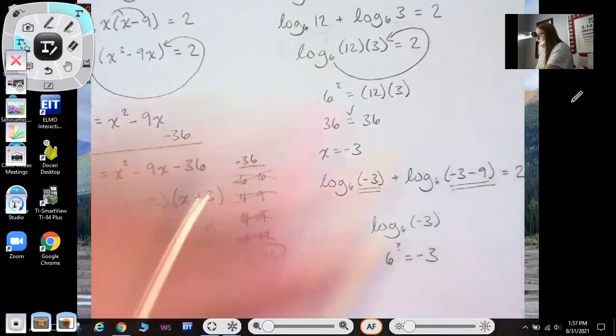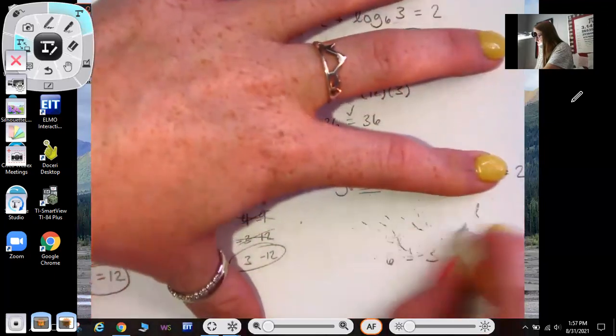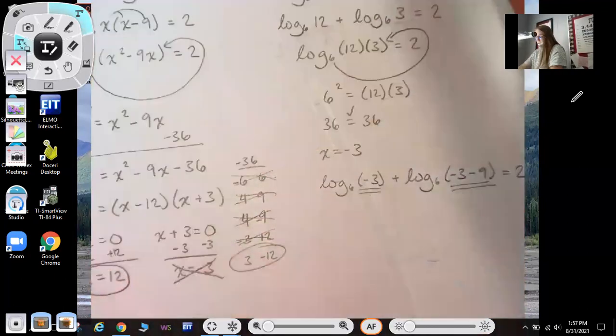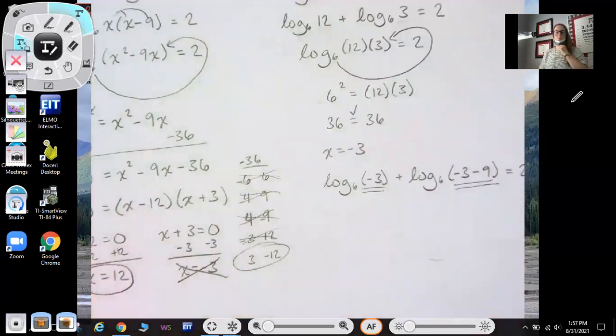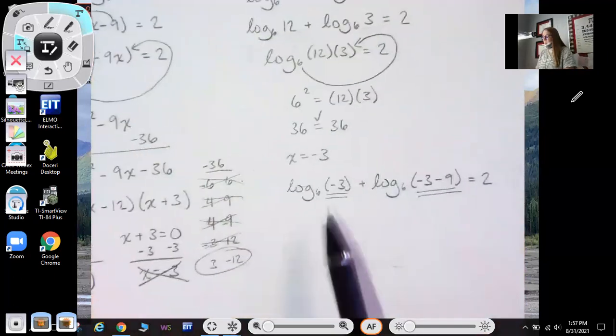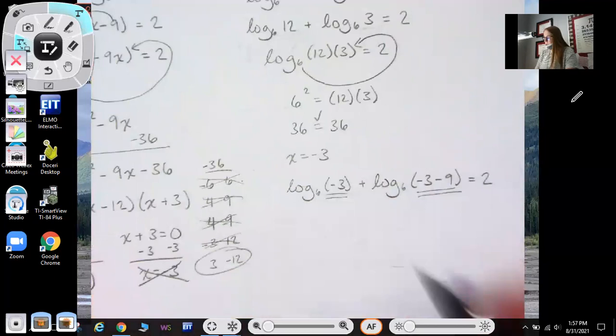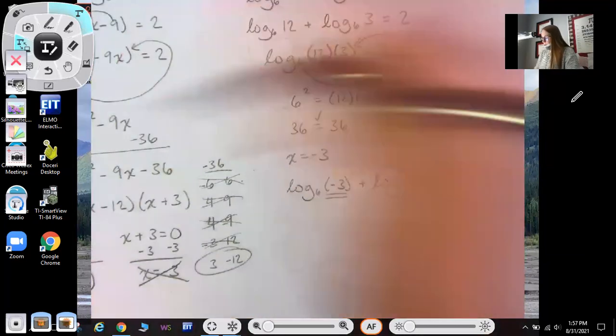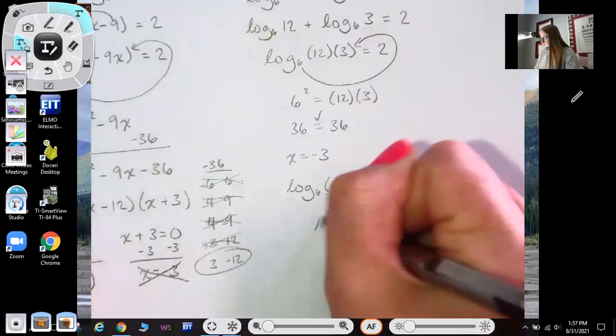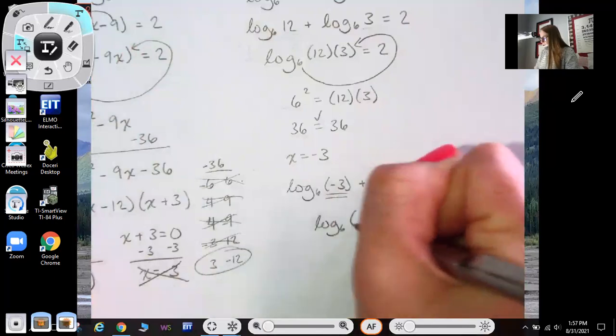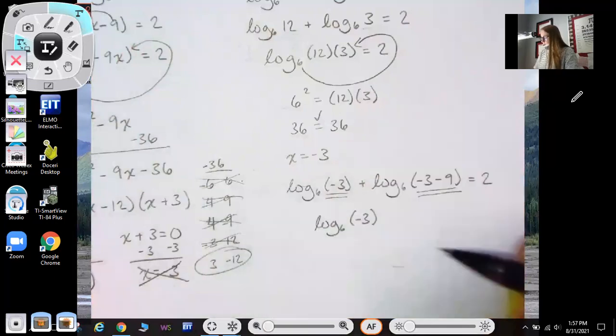Now, there is something I want to point out. Don't write this part, just take a look. If I were to keep going, and I said, okay, the next step we took was to combine these logarithms into one. -3 minus 9 is a -12.